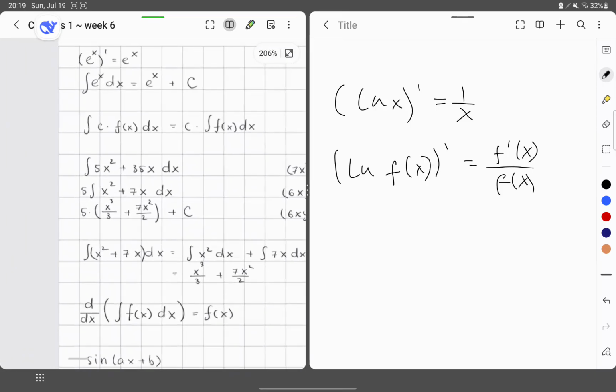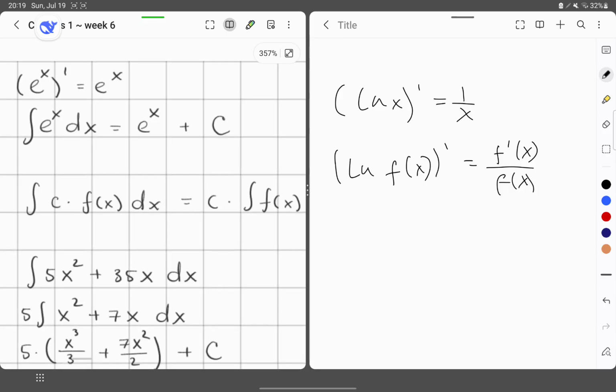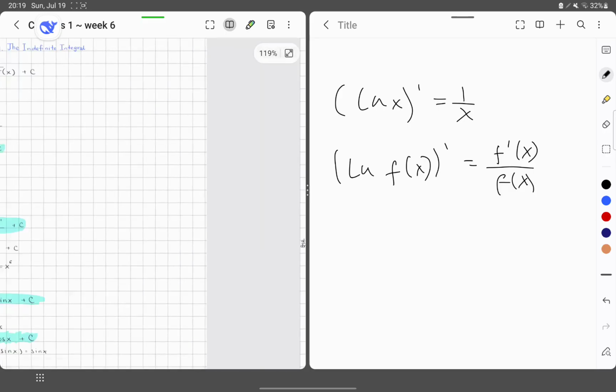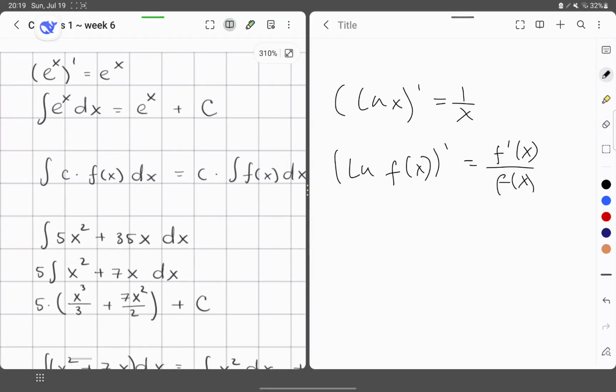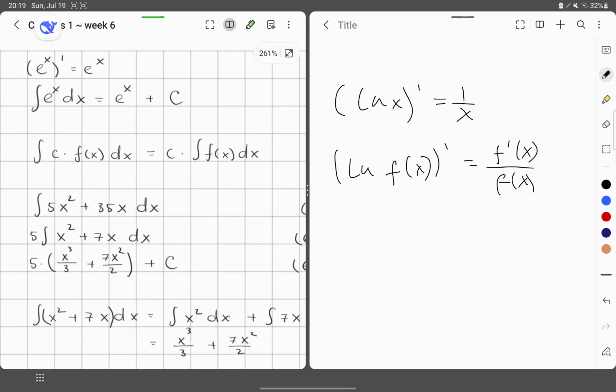Okay, then the integral of e to the x: the derivative of e to the x equals e to the power of x, so the integral is the same, it never changes.